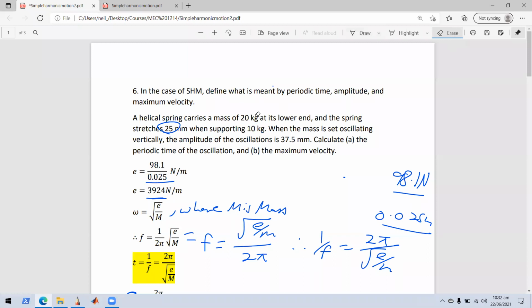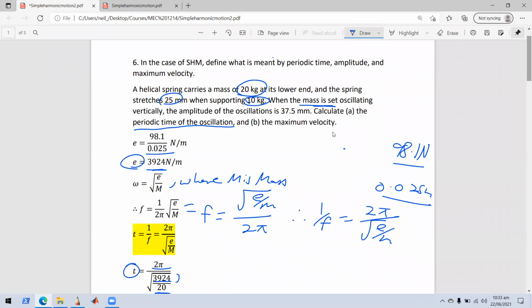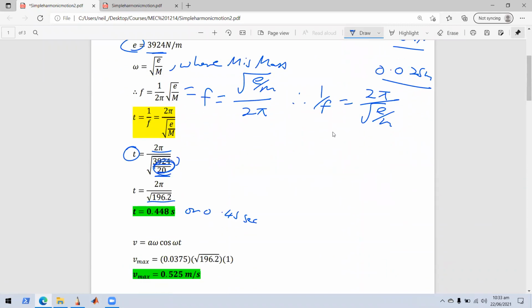So in the system, when the mass is oscillating vertically, we calculate the periodic time of the oscillation. So we want to calculate time for this 20 kg mass. This 10 kg mass is just the mass given to us to help find stiffness, okay? Okay, sir, I don't understand. The 20 kg, we're just plugging it in, right? We're just plugging this 20 into our formula here.